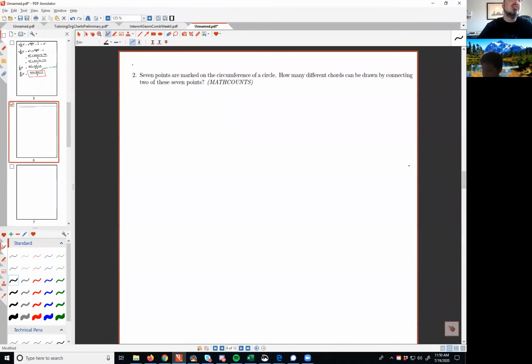Okay, let's take a look at number 2. That was weird. 7 points are marked on the circumference of a circle. How many different chords can be drawn by connecting 2 of these 7 points? 7 choose 2, 21. Okay.